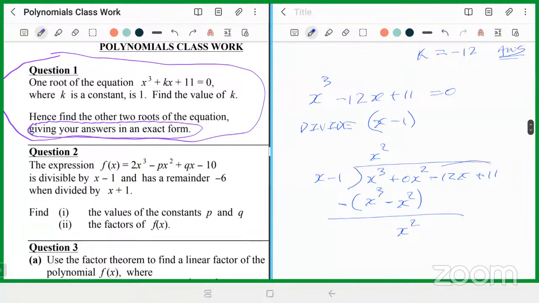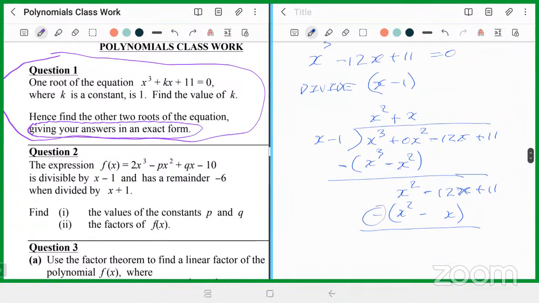And then these come back down unchanged, but they're not subtracting anything. So it's minus 12x plus 11. Then it's this divided by that, which gives us x. That's a plus x. Then it is the x times these. That gives us x squared minus x.